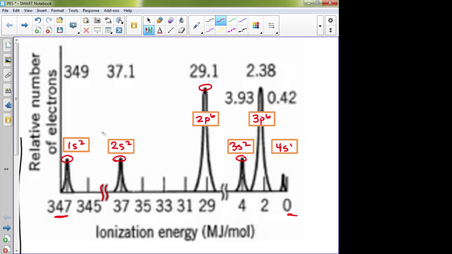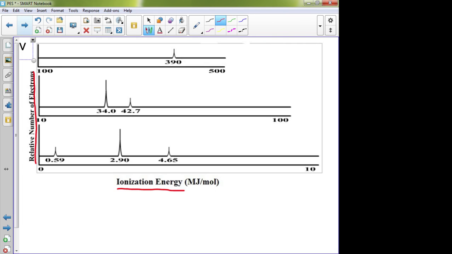And then here we took a jump from 29 to 4. Instead of making it one big graph, they showed the whole thing on 3 different lines. They went from 500 to 100, and then from 100 to 10, and then from 10 to 0.